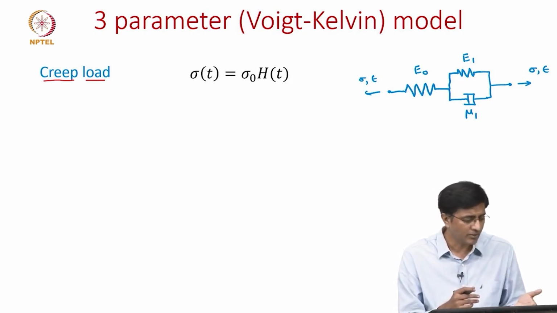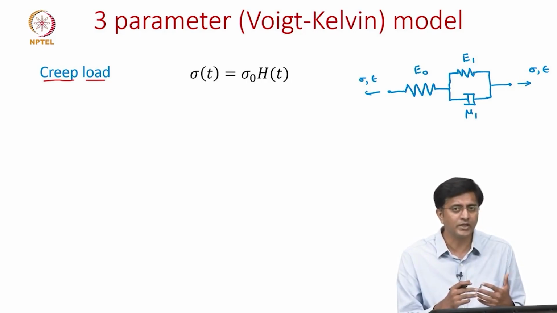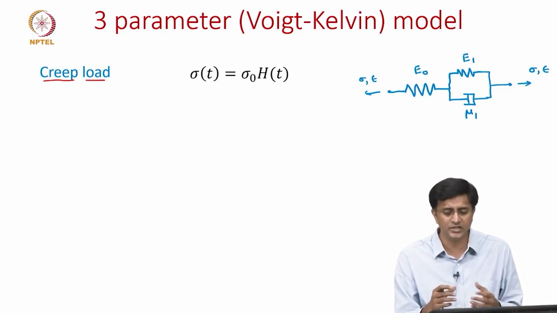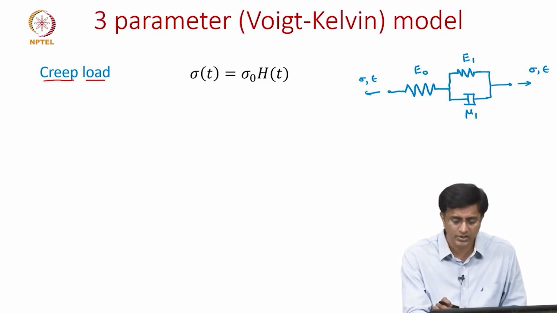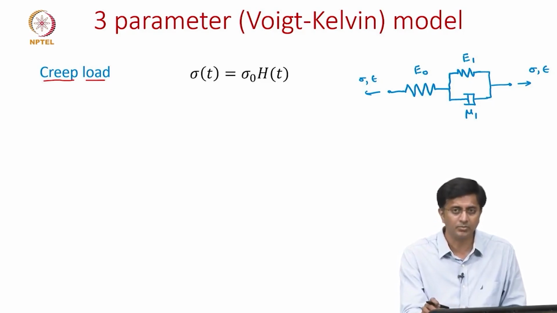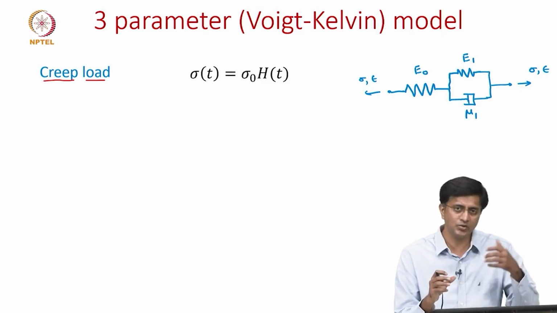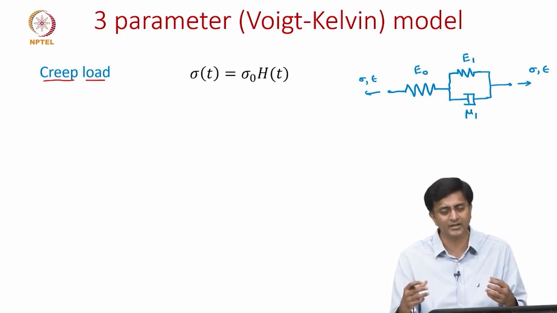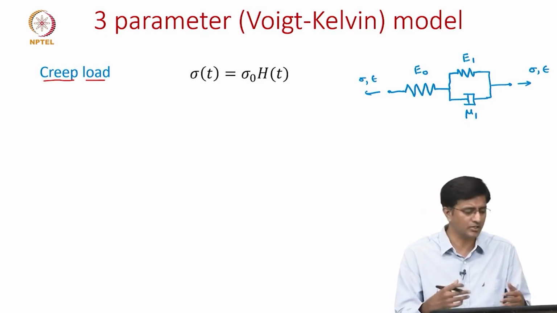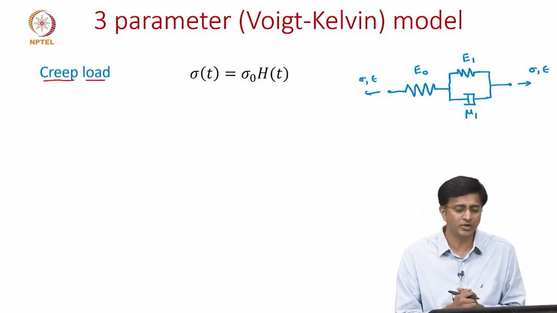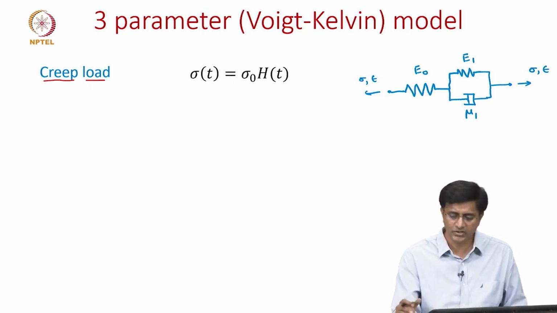Since we are applying a creep load, the response we are looking at is strain, and from the constitutive equation we know the strain is simply the summation of strain in the free spring plus strain in the Kelvin. So, which means we can superpose these two creep responses individually for the free spring and the Kelvin model to get our creep response for the 3 parameter model.